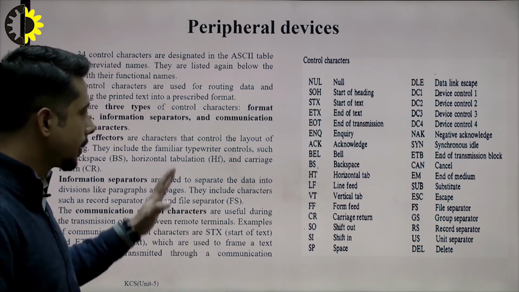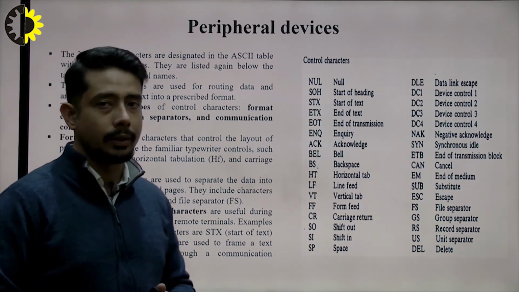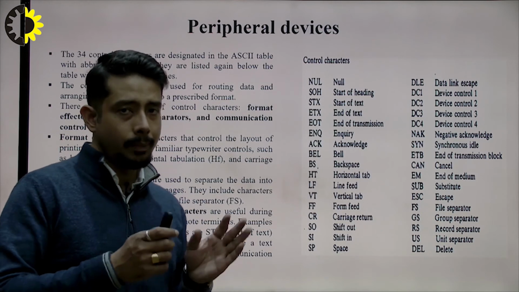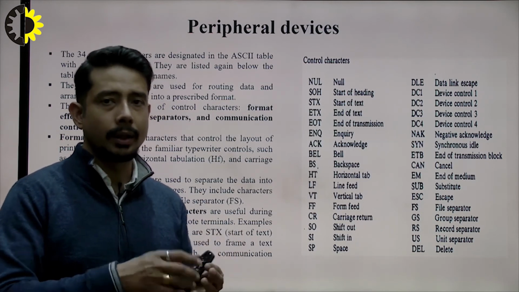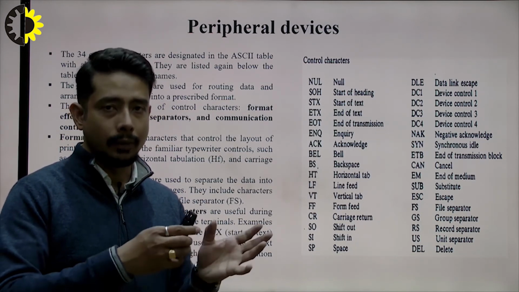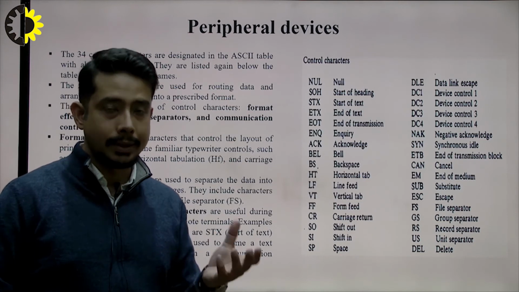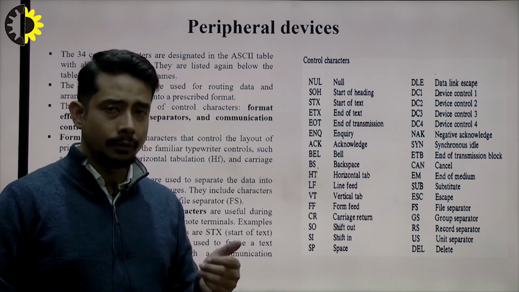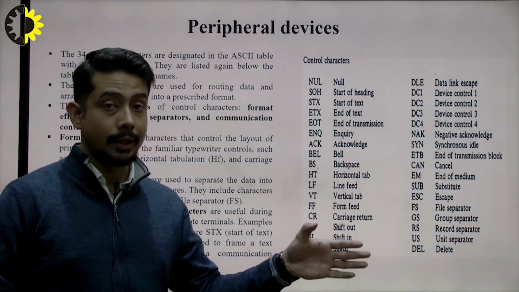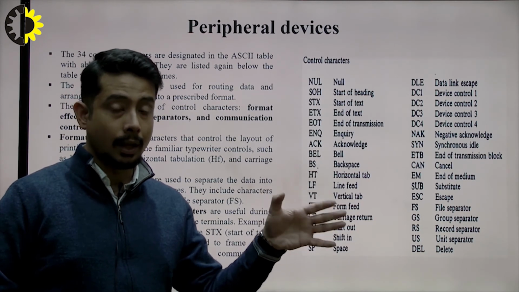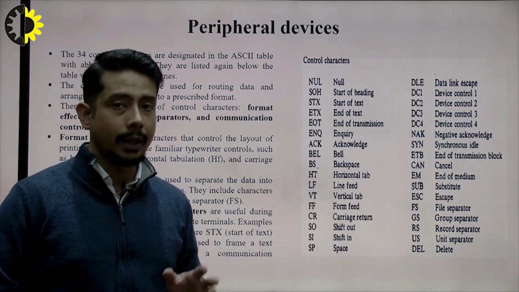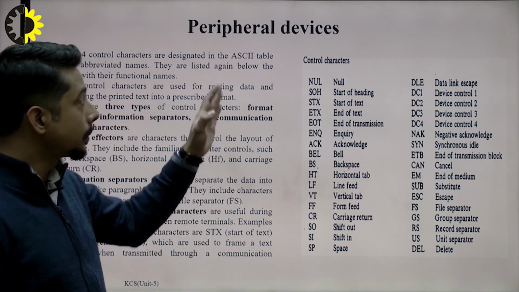So these are some of the points which I thought of introducing to you. I think in peripheral devices you have learned a little bit ahead of it. That means you have understood the different types of ASCII characters or alphanumeric characters, what its standard is, and how the standard has been defined. Then you have understood the types of peripheral devices.